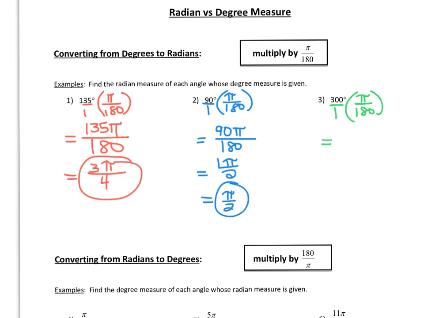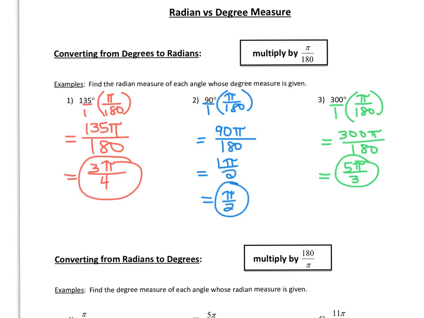Okay, so when we multiply the numerators, 300 times pi is 300 pi. And then 1 times 180 is 180. And since 300 over 180 simplifies to 5 over 3, we can rewrite this as 5 pi over 3.